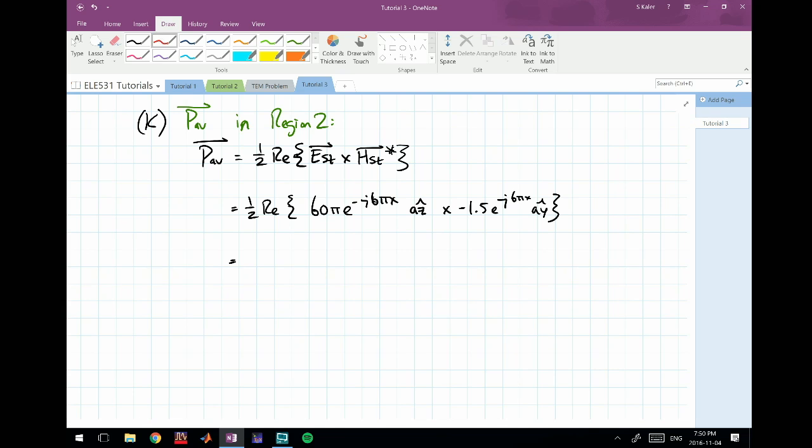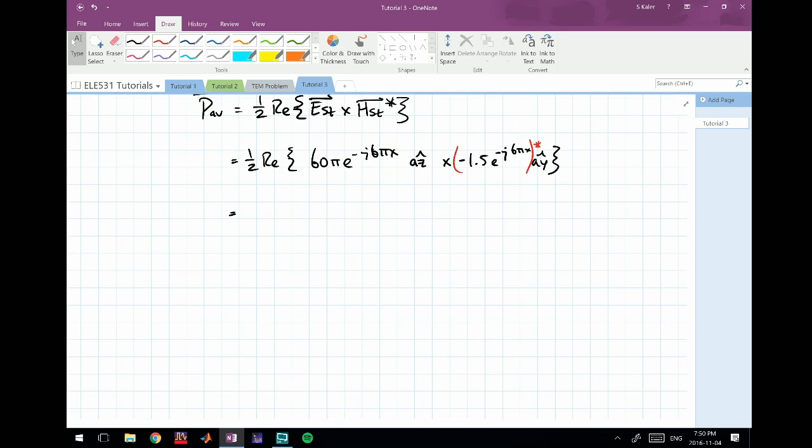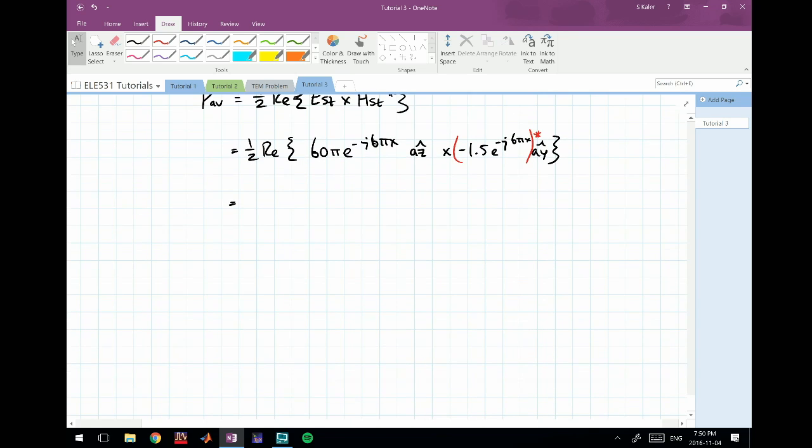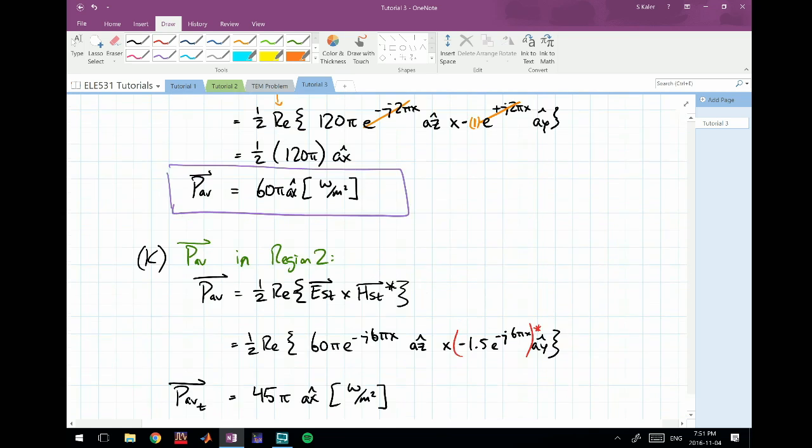This should be minus j. So when I conjugate that, the 2 cancel each other, and what I'm left with is 45 pi ax watts per meter squared, and this is P_AV subscript T for transmitted. And I'll give this subscript I for incident.